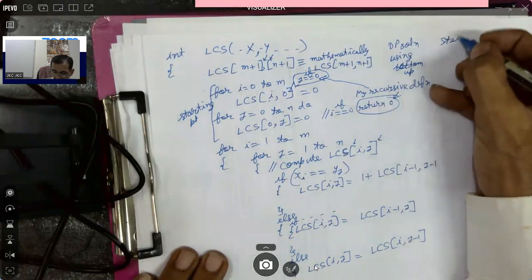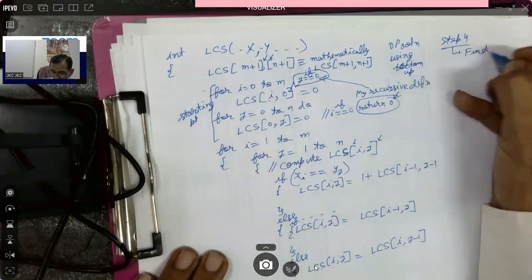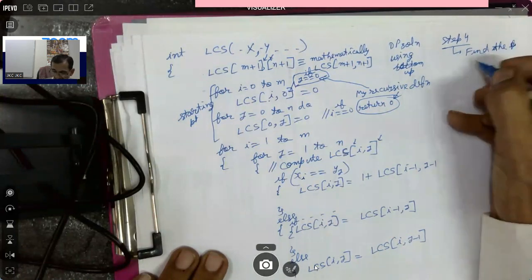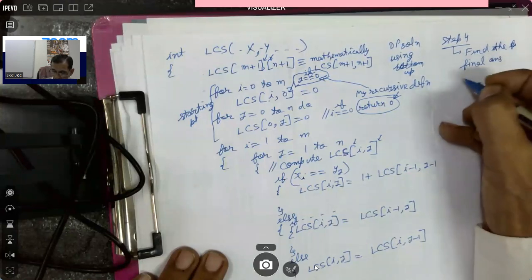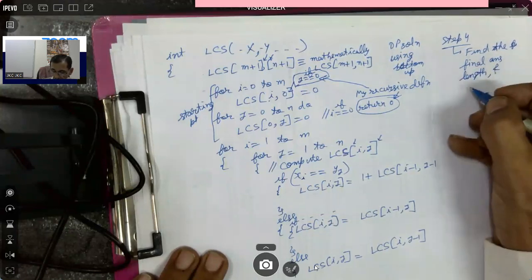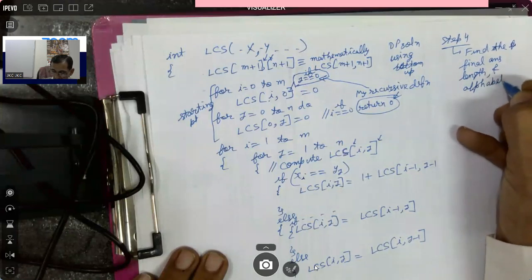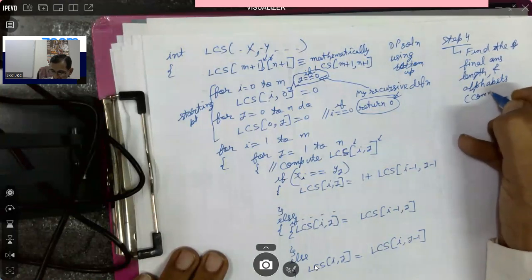But step 4 effectively says that you have to find the full solution, or I will say find the final answer also. Final answer means not only the length, but the corresponding alphabets which were common, or common subsequence also.